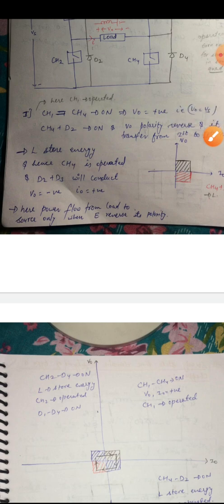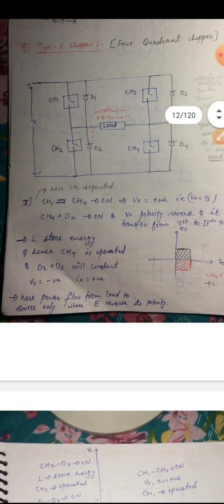It will discharge itself through D3 and CH1. This is the path of the discharge. The inductor energy was stored when CH1 and CH4 were on.